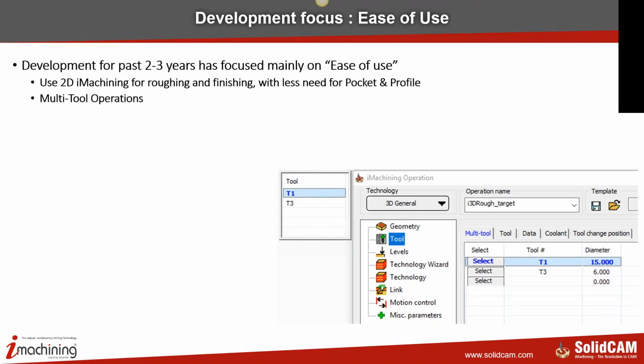So instead of the need to use Pocket and Profile in conjunction with 2D iMachining, now you can do more in 2D iMachining. I think everybody knows that now you can finish the floor with a contour style strategy, which is from Pocket. So there's a lot of little things we did to try and make iMachining easier to use. And of course, multi-tool is one of the big things we just added for 2018.